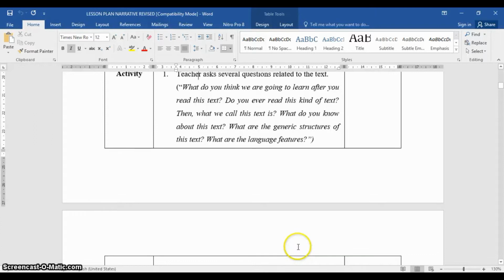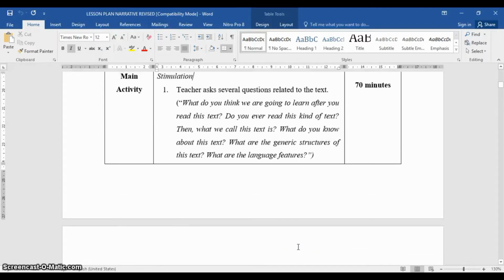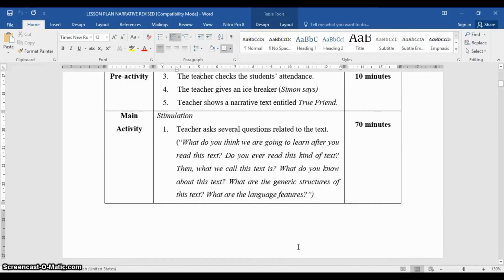And for the main activity of the first meeting, there is a stimulation. In the stimulation, the teacher asks several questions related to the previous text, entitled True Friend, such as, what do you think we are going to learn after you read this text?